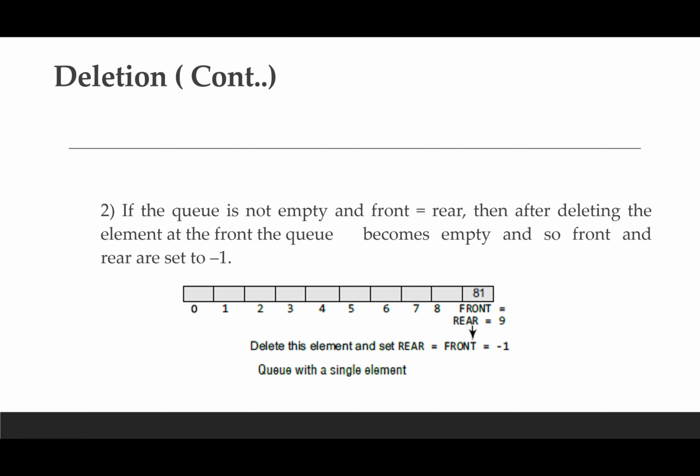And the second condition: the queue is not empty and we have to check the condition front is equal to rear. So what is the meaning? Front equal to rear means in the last position there is only one element. After deleting that particular element the queue will become empty.